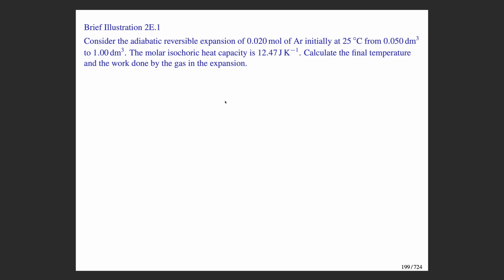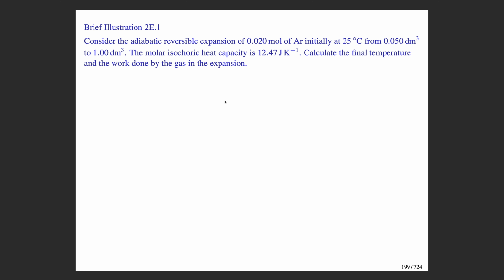Gamma, I'll write gamma down here. Gamma is Cp over Cv. For an ideal gas, Cp is going to be Cv plus nR, over Cv. And so we can just calculate it. So we'll take the 12.47 joules per Kelvin.